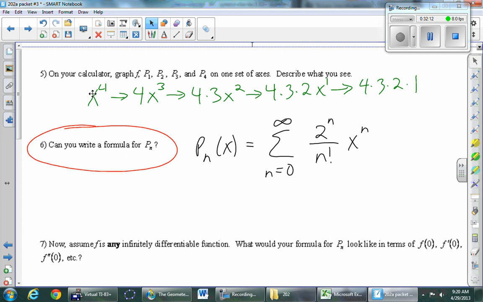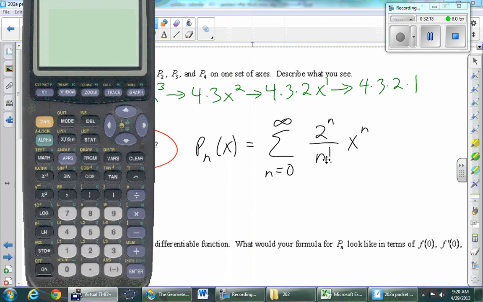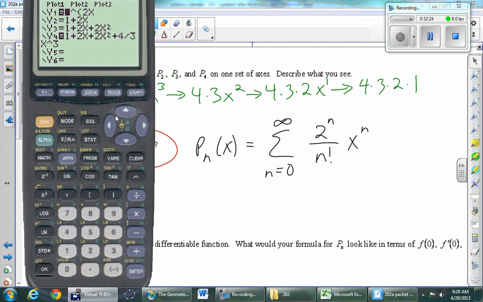Okay, so what does that mean we can do? Well, if you're good at using the calculator, you can get this guy to go out pretty much as far as you want. So how about we try this? You don't need to copy along here, but you can check out the video if you're interested. So I'm going to clear all these guys. I'm going to come up here and try to type in this thing, which is a very complicated thing. But let's give it a shot. The first place to go is second and then list.